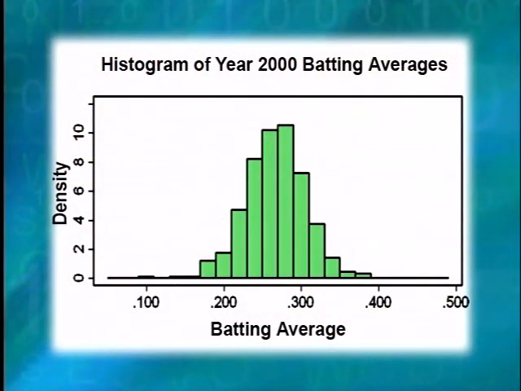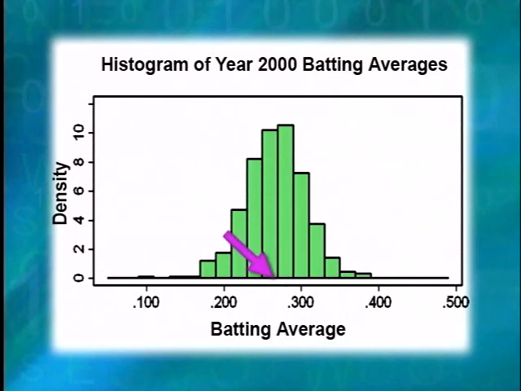By the way, this graph does not include people who only batted a few times. This only includes batters who batted more than 80 times, and so they have a legitimate batting average. And we'll notice how these data are centered somewhere between 250 and 300 batting average.